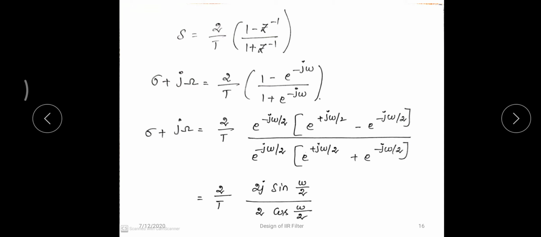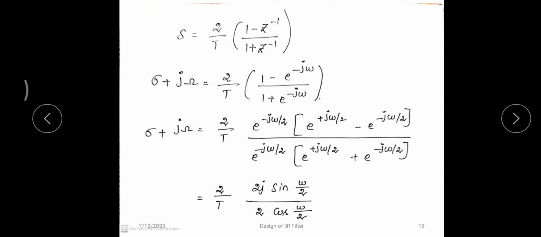Now I need the relationship between capital omega and small omega. To get that, I am taking e power minus j omega by 2 common from the numerator and from the denominator. I have taken e power minus j omega by 2 from 1, so I have to multiply e power plus j omega by 2, and I have taken e power minus j omega by 2 from e power minus j omega. So I have taken half of the value, the remaining half remains the same, that is e power minus j omega by 2. Similarly, I can proceed the same way in the denominator also.